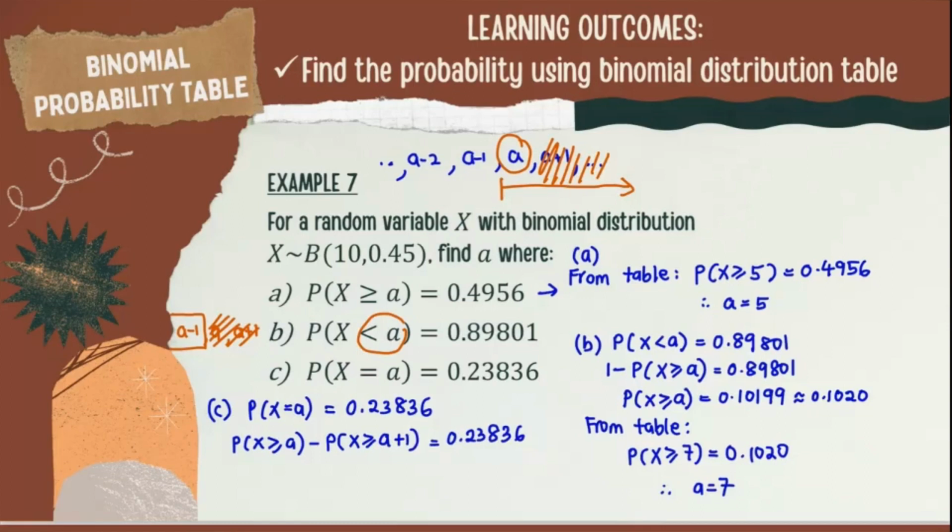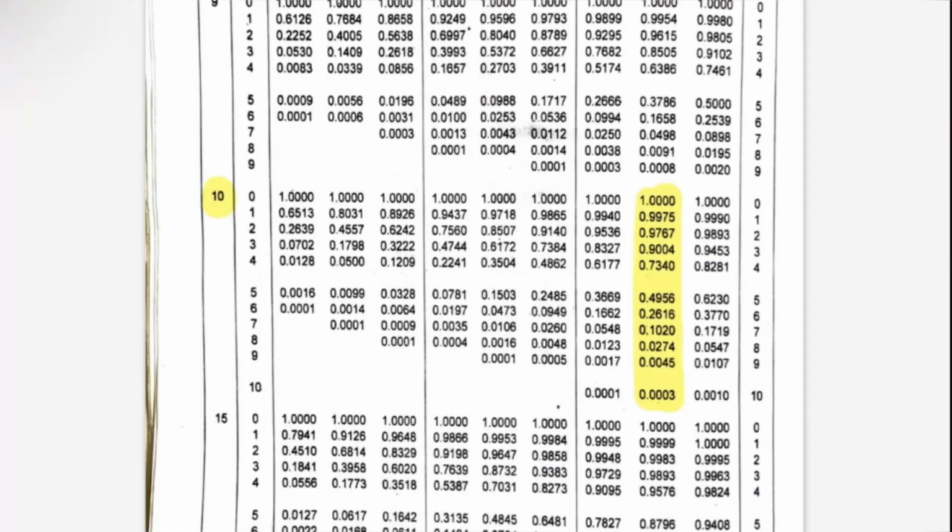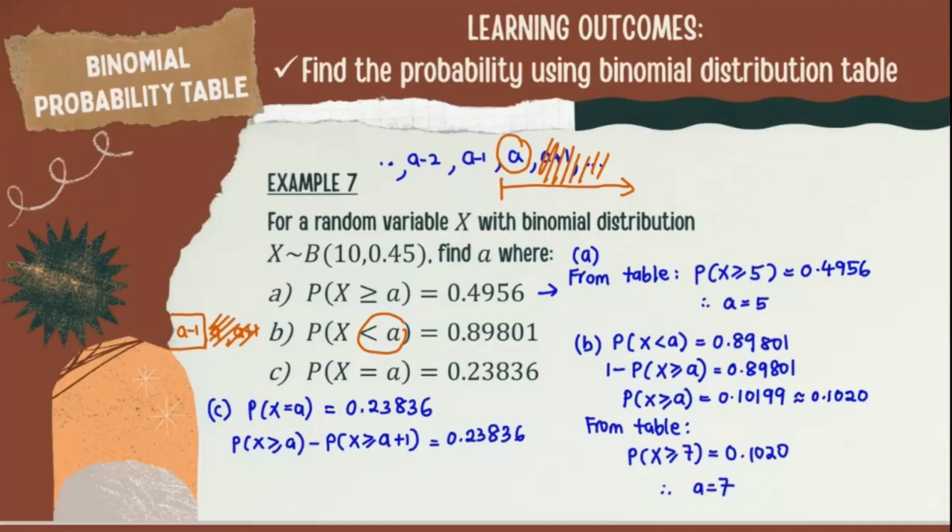So let's look at the binomial table. So cuba tengok bila kita tolakkan, for example 8 tolak 9, dapat tak nombor yang menghampiri kepada 23836? Ataupun 23834, sebab kita bundarkan dapat 2384.